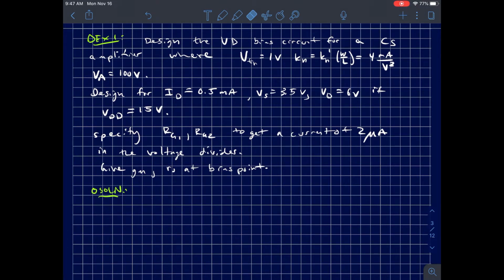Design this for ID equal to 0.5 milliamps, a source voltage VS of 3.5 volts, and a drain voltage VD of 6 volts. If my DC voltage source is 15 volts, I'd like you to specify RG1 and RG2 to get a current of 2 microamps in the voltage divider. And then I would like you to also give gm and ro at that bias point.